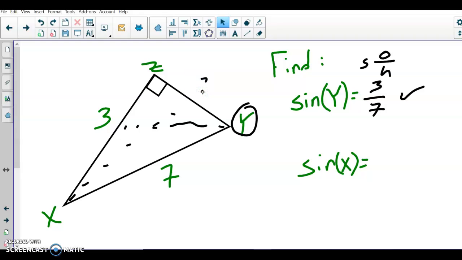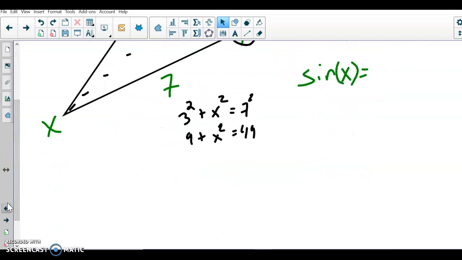And so, much like the first section, we can use the Pythagorean theorem. So I'm going to say 3 squared plus x squared equals 7 squared. 9 plus x squared equals 49. And we're going to have x squared equals 40, and x equals the square root of 40.